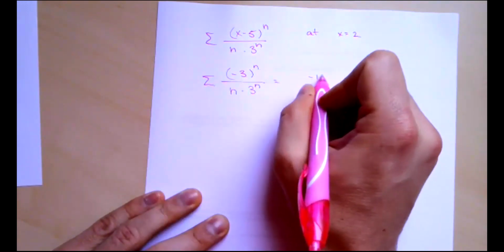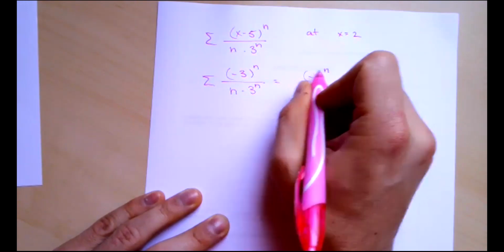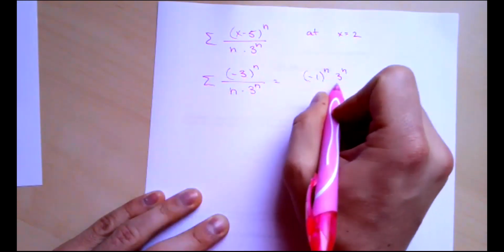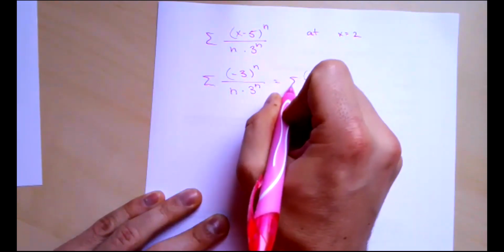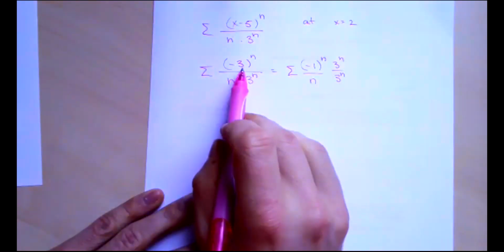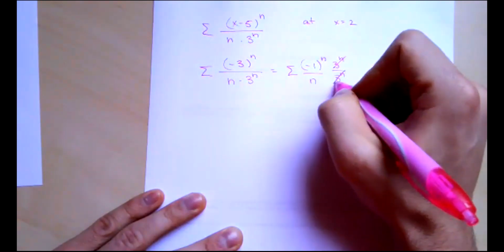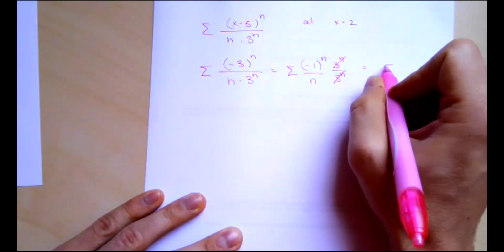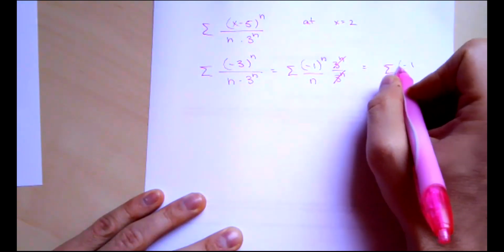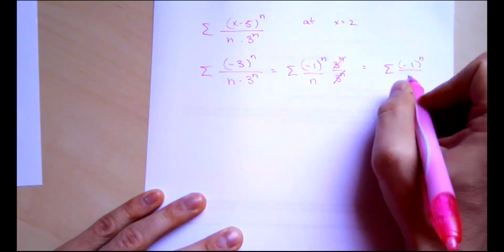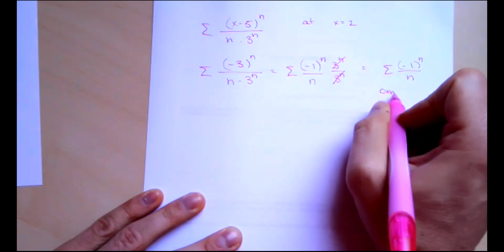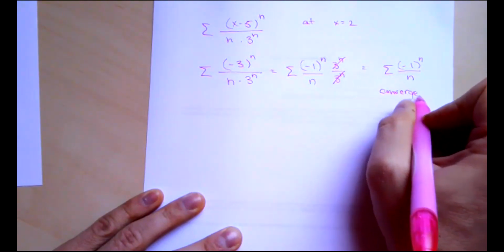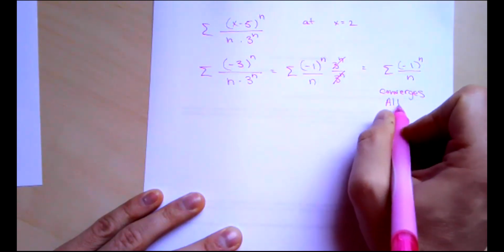That's going to give me a negative 1 to the n, then a 3 to the n for that numerator. So those cancel, and we are just left with an alternating harmonic series. And so that converges by the alternating series test.